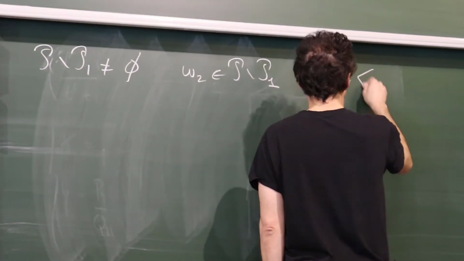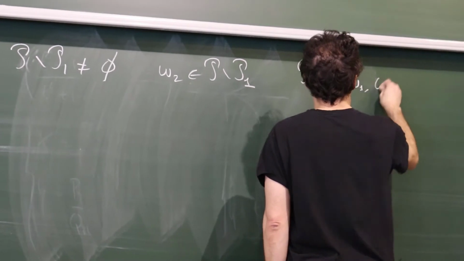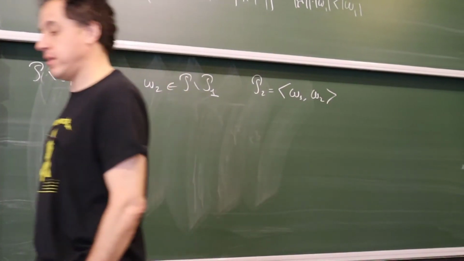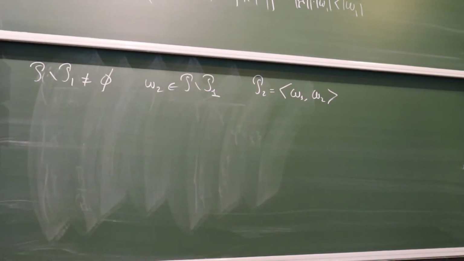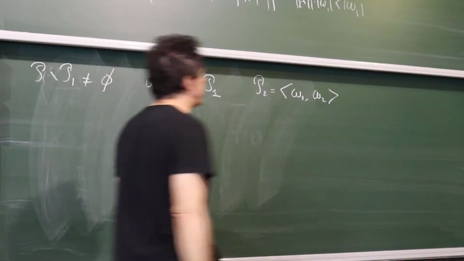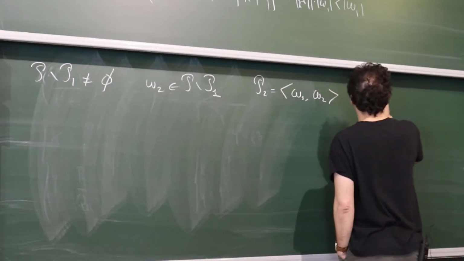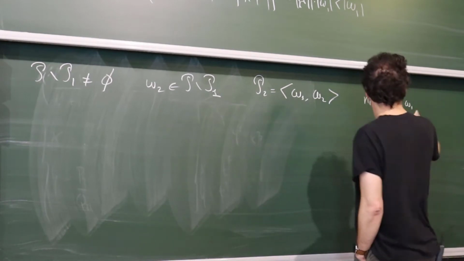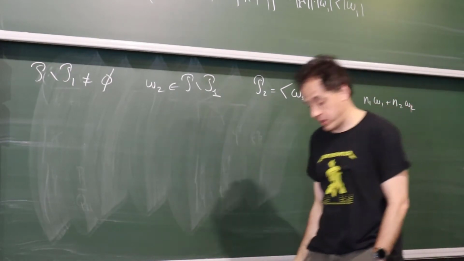Call it omega 2, and consider P2, the lattice, the Z module generated by omega 1 and omega 2. I mean the set of all n1 omega 1 plus n2 omega 2, where n1 and n2 are integers.